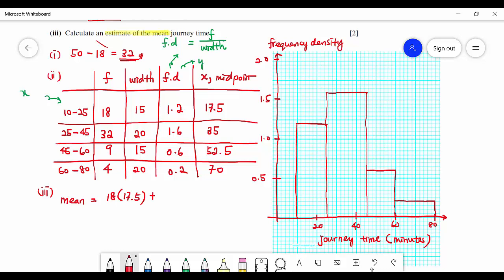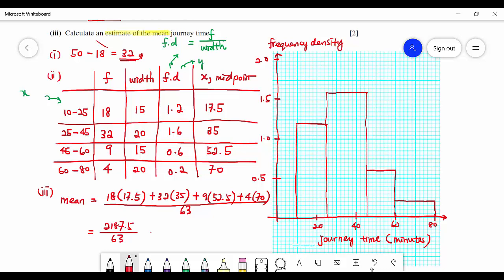Then you do the same thing for the rest of the rows: frequency multiplied by x, frequency multiplied by x, and also frequency multiplied by x, divided by the total frequency. The total frequency will be 63. When you press the calculator, you get 2187.5, and divide it by 63.